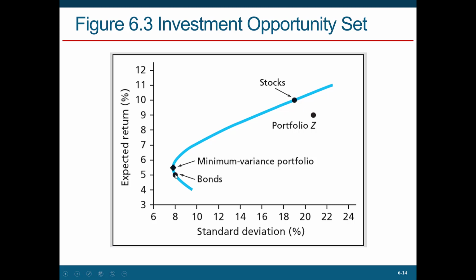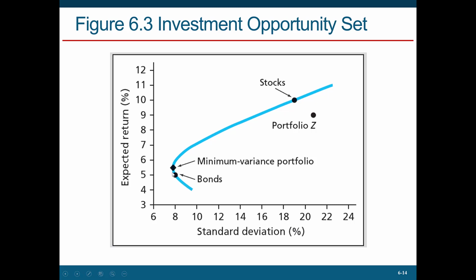Or the other way to look at it is that this minimum variance portfolio is actually better than all of these portfolios on the lower part, because it obviously has lower risk, it's the minimum risk portfolio, and it has higher return than everything on the lower part. So what we can then say is that we can discard all of these portfolios on the lower part of the curve. Again, our goal is to find an optimal risky portfolio.